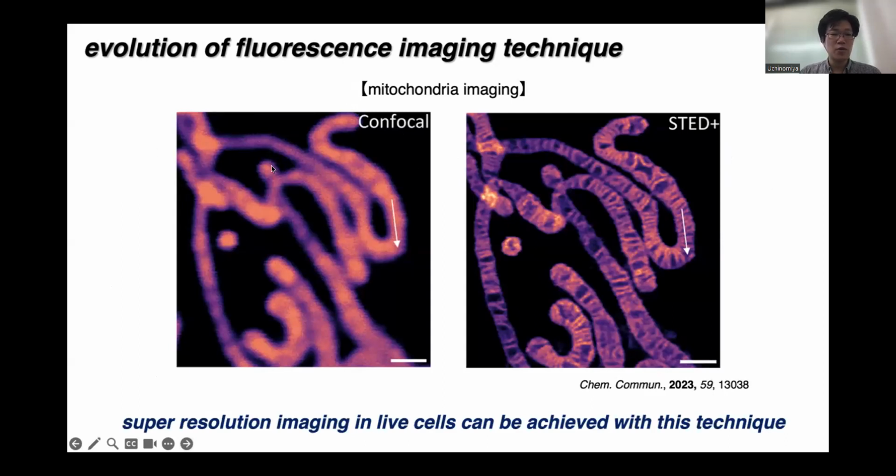This is fluorescence imaging of mitochondria with conventional confocal microscopy. However, high resolution imaging can provide the detailed structure inside mitochondria like this. And importantly, this imaging is conducted in live cells.